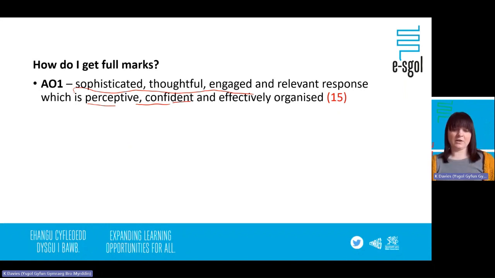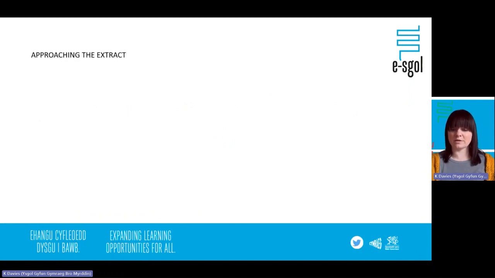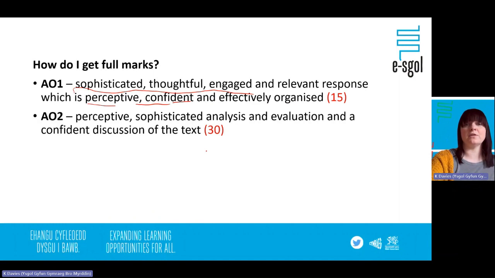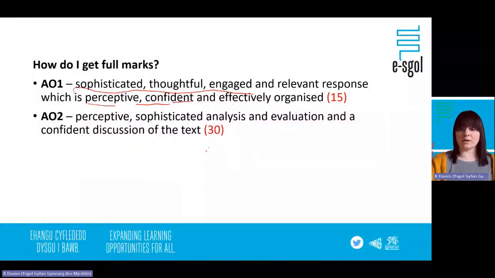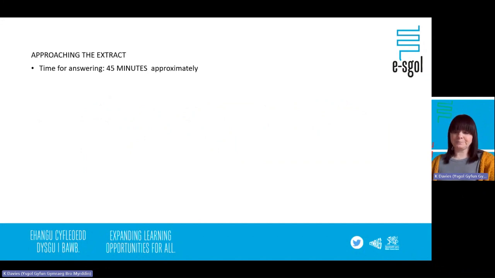AO2 is very similar: that word perceptive is repeated, along with sophisticated, confident discussion of the text, something flawless and easy, confidently selecting textual support. But note, just a quick reminder, you've got 30 marks for your AO2, so be aware of the importance of that, because it's obviously double weighted.